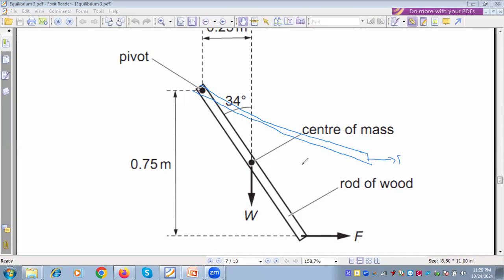Now the perpendicular distance is decreased, so F is smaller. Earlier it was 0.75 meter. So in order to keep the same moment and keep the rod in equilibrium, the force has to increase because the perpendicular distance due to the rotation has decreased.